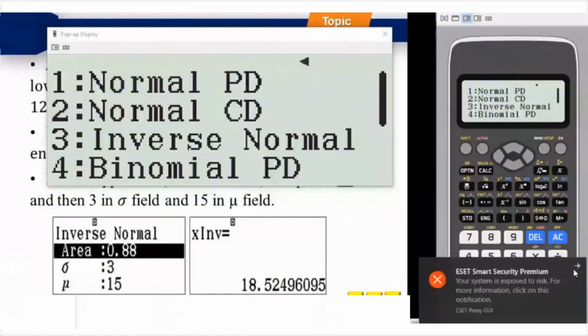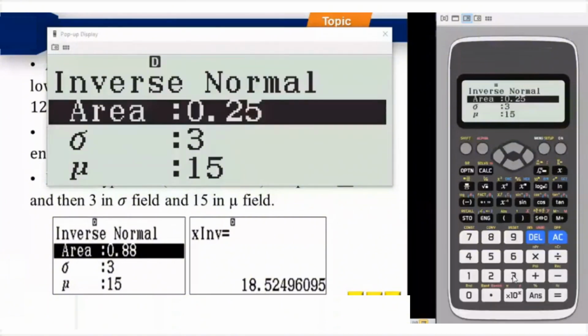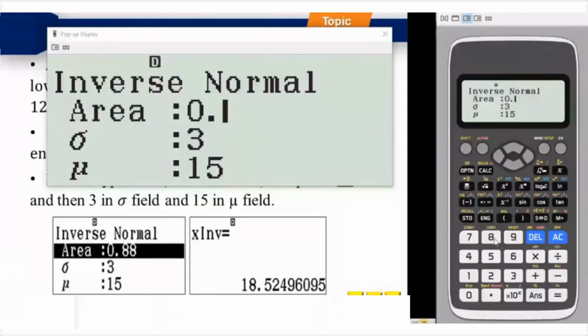We'll press 3, and this time area is 0.88. Always remember, the Z table always gives you the value of the lower extreme. So the calculator also gives you the value of lower extreme. So you want the top 12%, which is 1 minus 0.12 or 100% minus 12%, that is 88% or 0.88.